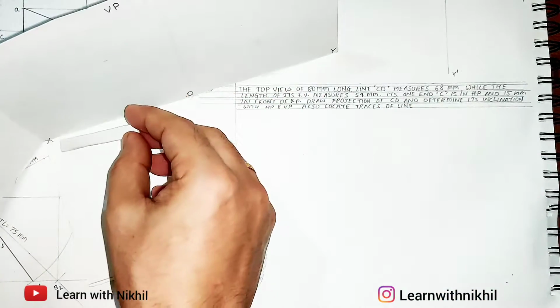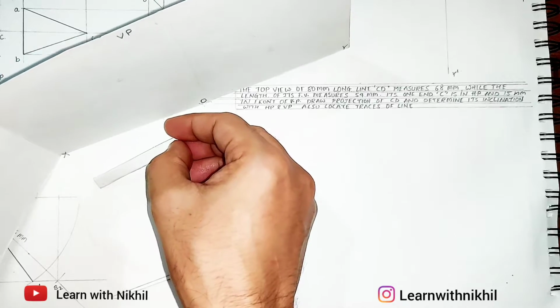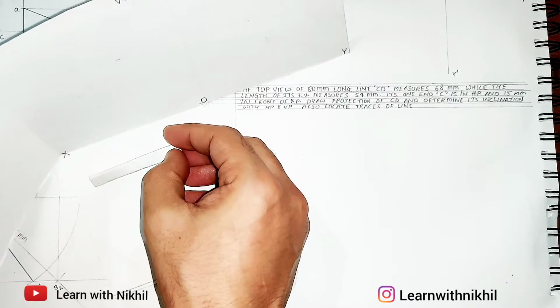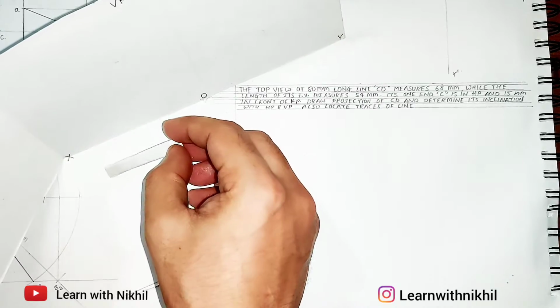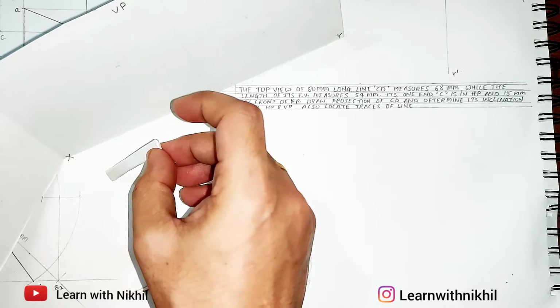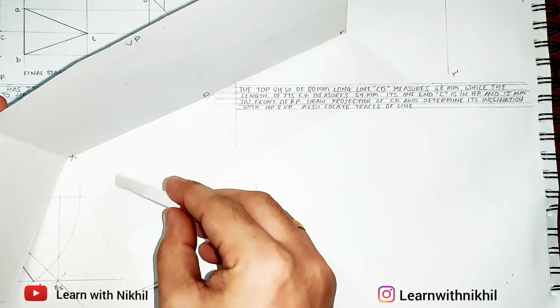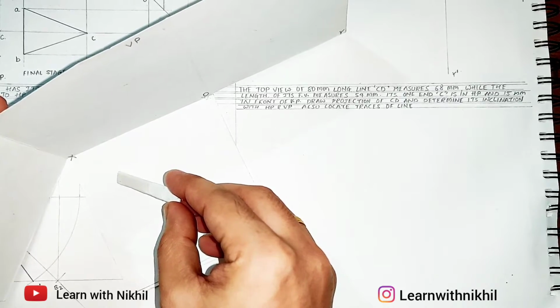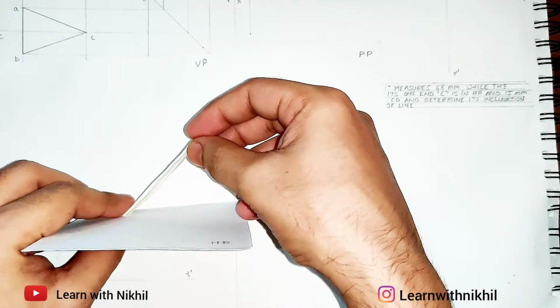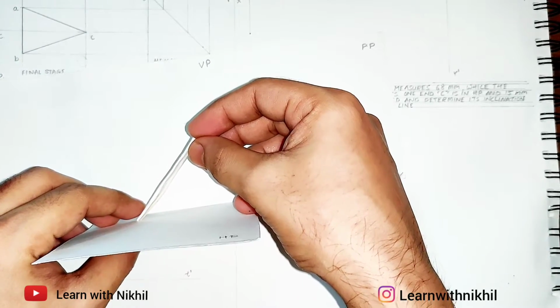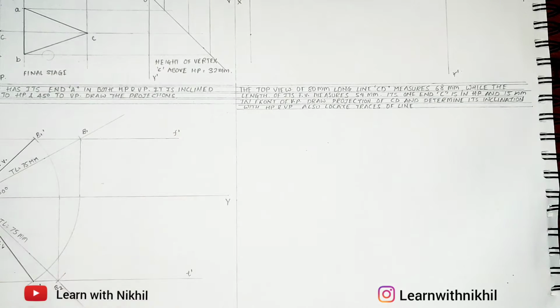Here we have been given the actual length, that is 80 mm, and the front view slant length, that is 54 mm, and the top view slant length, that is 68 mm, and you have to find the angles of inclination.